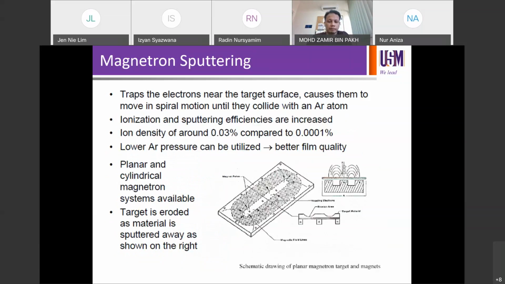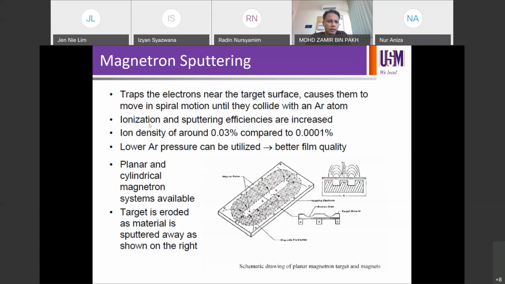So this is how it looks. It traps electrons near the target surface on the front. By concentrating the electrons in the front, it causes the electrons to move in a spiral motion, more or less following the direction of the magnetic fields until they collide with an argon atom from the injected gas, inducing ionization of the gas.